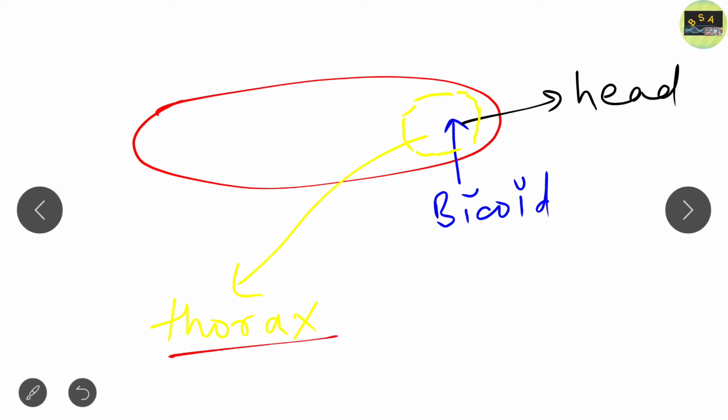Clear? Next. When we inject a bicoid deficient embryo, the embryo will form normally, and normal anterior posterior polarity will generate. So this is the basic concept regarding bicoid.